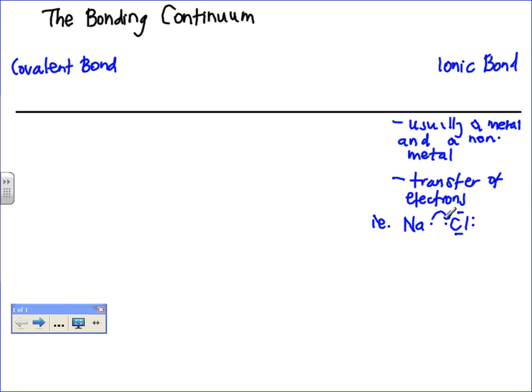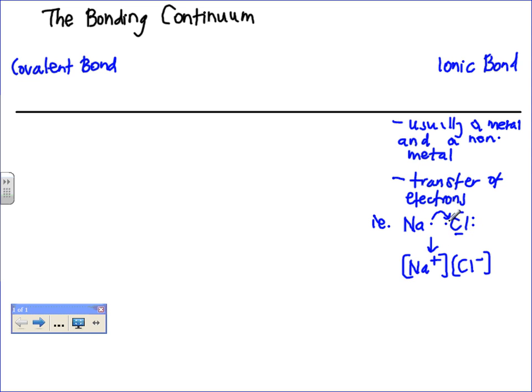So if the sodium transfers its electron to the chlorine, each of them will be stable. Now what we'll be left with is a sodium cation, because it has lost an electron, and a chlorine anion, because the chlorine has gained an electron.